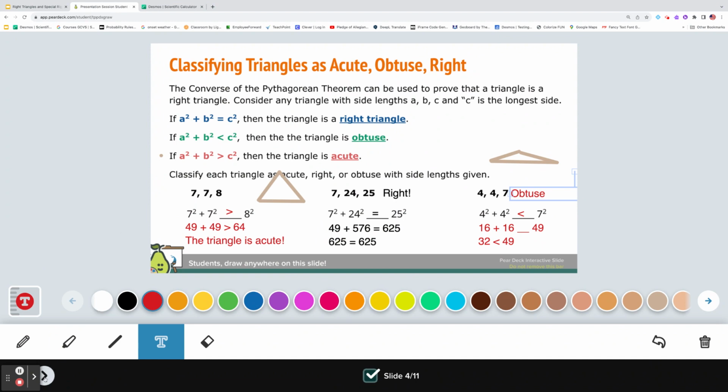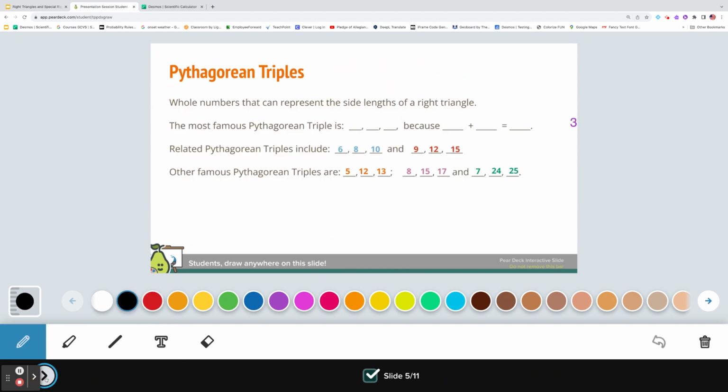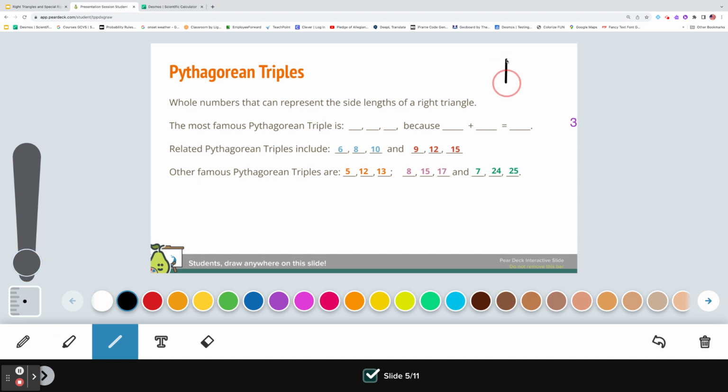Now, the last thing we want to talk about in this particular video is Pythagorean triples. You might hear this phrase, and it's important that you know what we're talking about. Pythagorean triples are whole numbers that can represent the three side lengths of a right triangle. The most famous Pythagorean triple is the 3, 4, 5 right triangle.